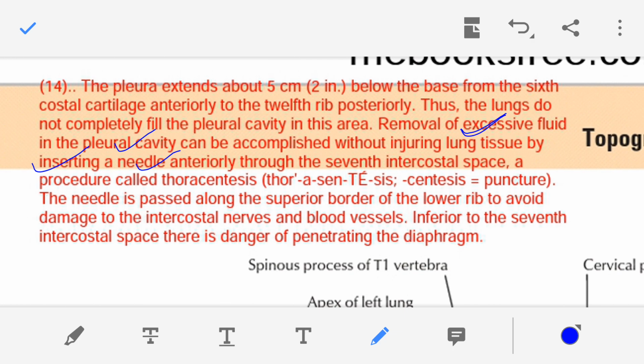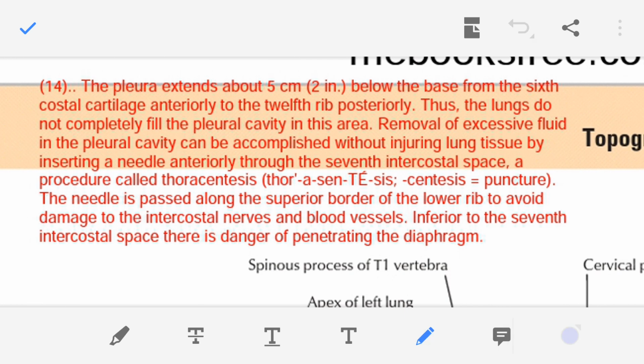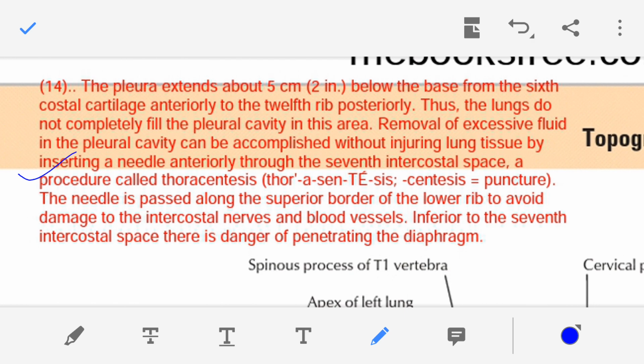The needle is inserted anteriorly through the 7th intercostal space, and this procedure of inserting a needle in the pleural cavity and removing the excessive fluid is known as thoracentesis.